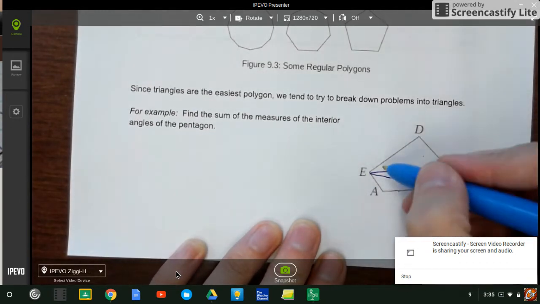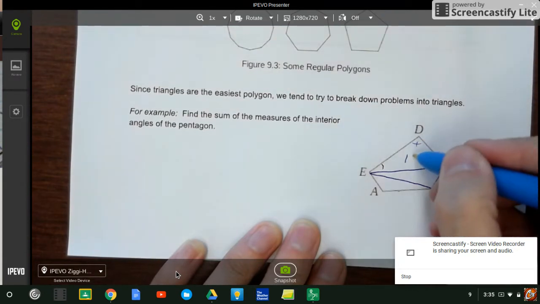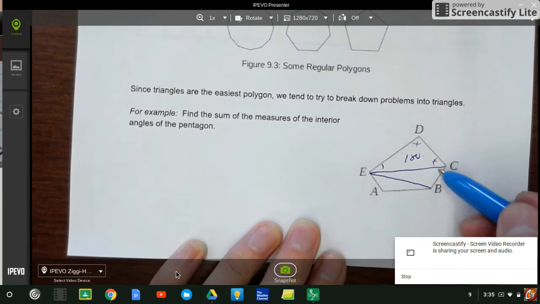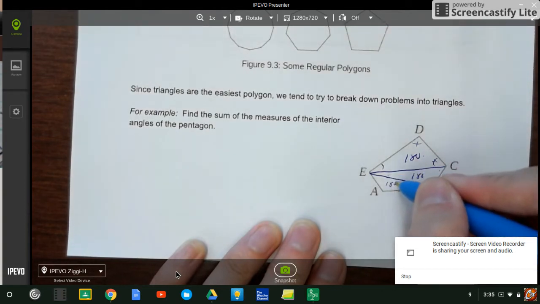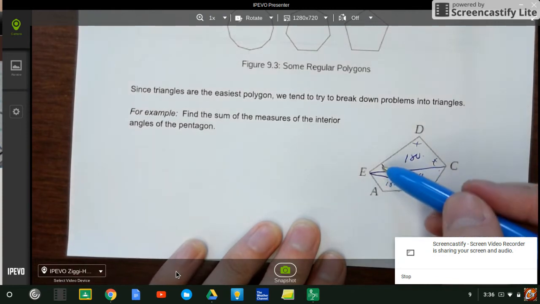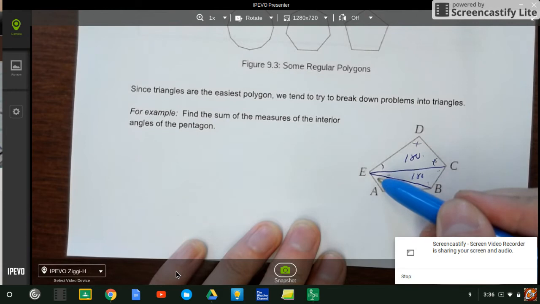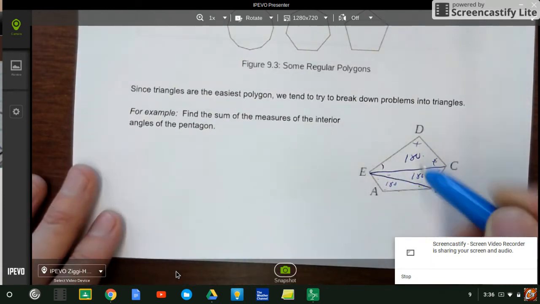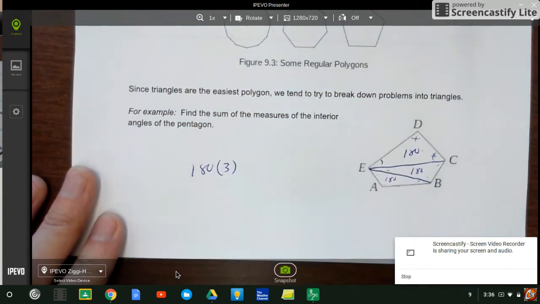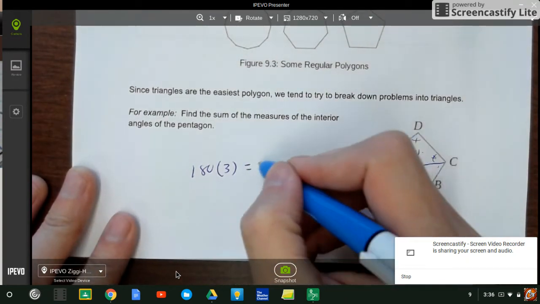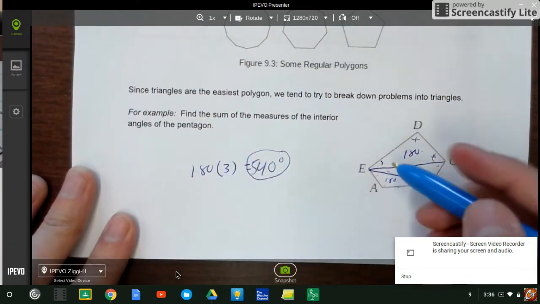And I know these angles all add up to 180. So I get 180 in that triangle. And the same thing here. Those angles all add up to 180. And these angles all add up to 180. So when I start putting all these angles together, I end up getting 180 3 times. Oh, well, that's pretty easy. That gives me 540 degrees. That's the sum of these angles.